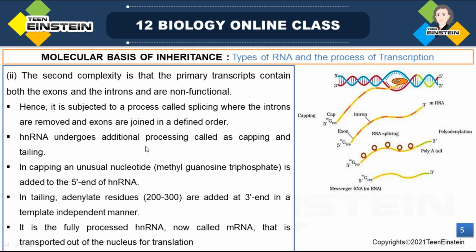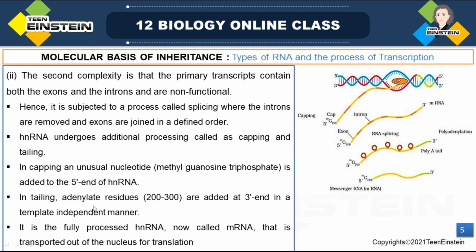Then next step, this hnRNA undergoes additional processing, that is called capping and tailing. In capping, an unusual nucleotide, methyl guanosine triphosphate, is added to the 5' end. Here you can see the 5' end, that is added.